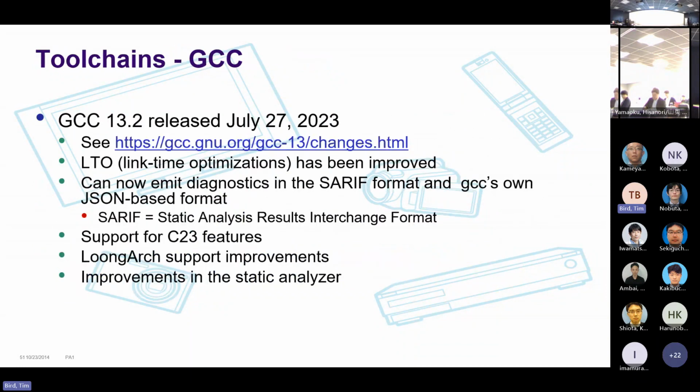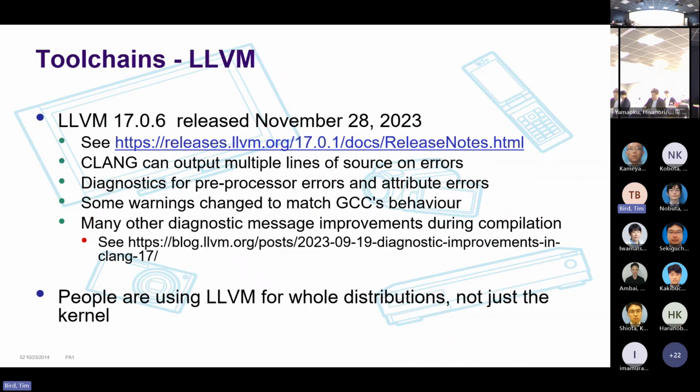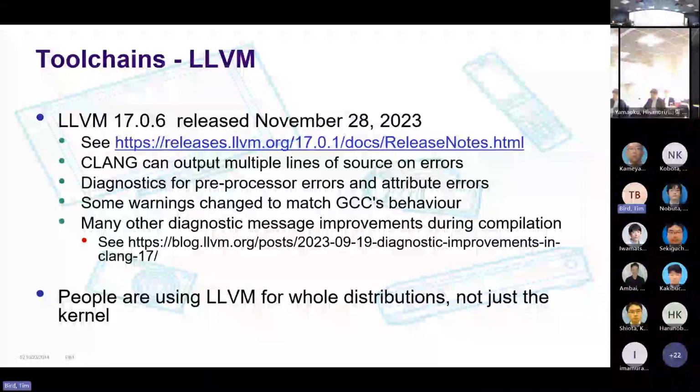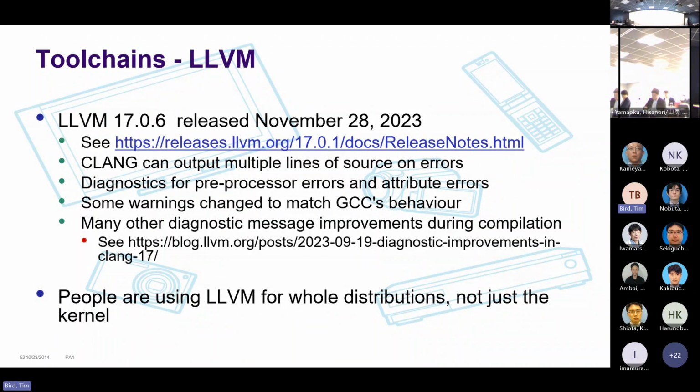In terms of toolchains, GCC 13.2 was released. You can read about that there. LLVM 17.0.6 was released. There's some of the things that are going on with that. Sorry. I will definitely make these slides available as a PDF, so I'll send that out. We'll get it uploaded probably to the eLinux Wiki or somewhere else, so you don't have to jot this all down.